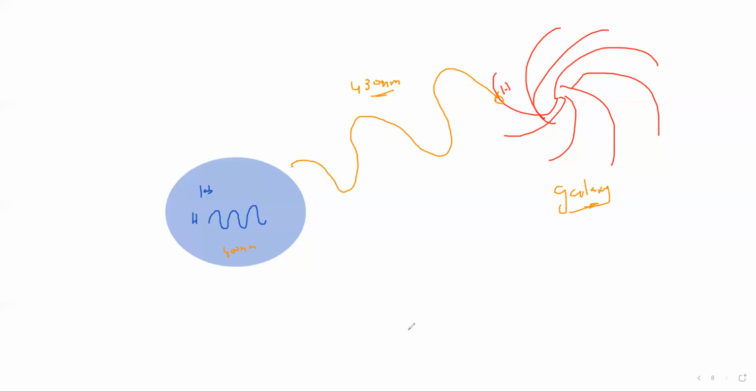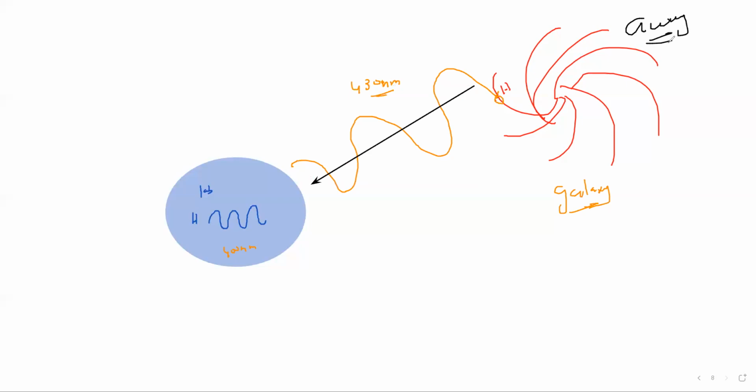The wavelength which we receive from the galaxy is longer compared to the wavelength of the hydrogen in the lab. So as it is providing a longer wavelength, we can conclude that this galaxy is moving away from us.